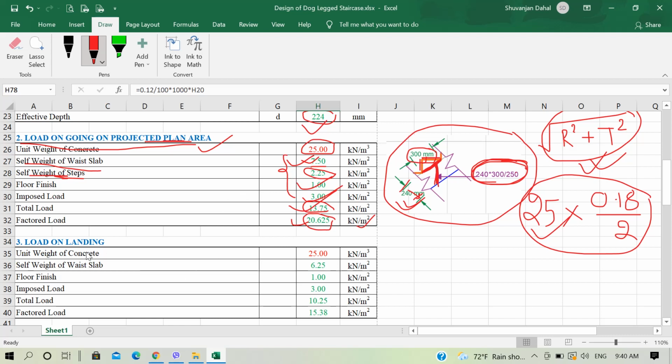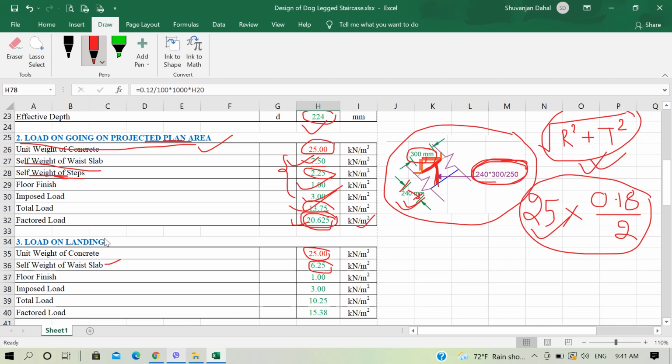So let's see here again. For the load on landing, remember this value first, 20.625 kilonewton per meter square. Now the load on landing, first the self weight of waist slab will be 6.25 kilonewton per meter square. This value you got by multiplying the unit weight of concrete with the depth of our slab.